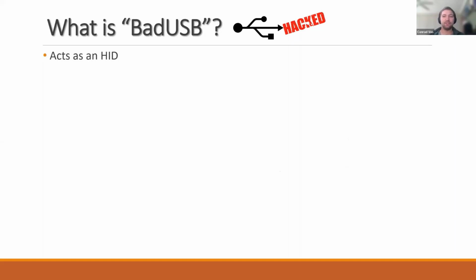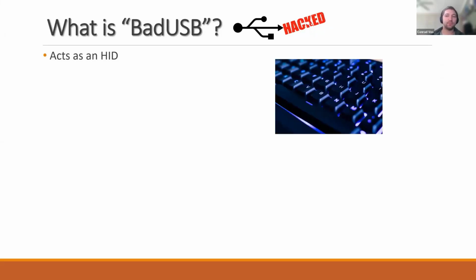Now, usually when you plug in your regular flash drive, like this, the computer will identify it as a mass storage device. But sometimes a person can code the firmware on the controllers of the USB devices to actually identify itself as an HID, a human interface device.